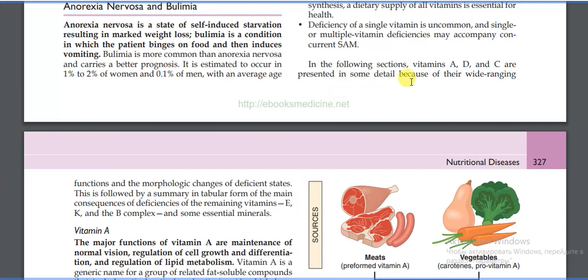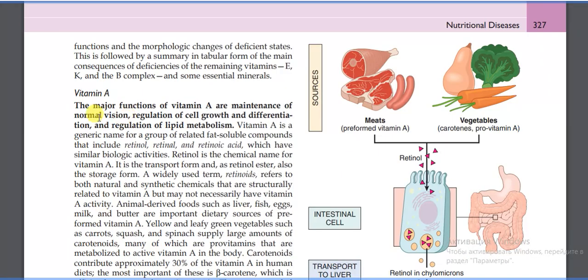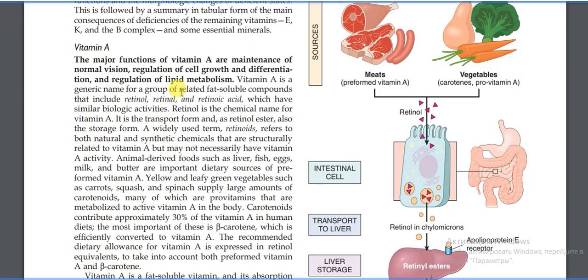In the following section, vitamins A, D, and C are presented in some detail because of their wide-ranging functions. Okay, vitamin A. Vitamin A is also known as retinol, retinal, and retinoic acid.